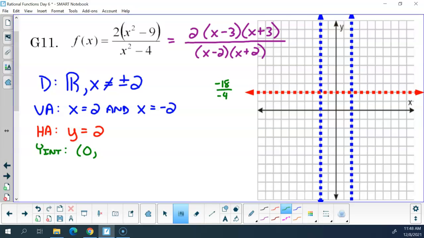Negative divided by negative is positive. Both of them are even, right? So 9/2. How much is 9/2? 4.5, right?